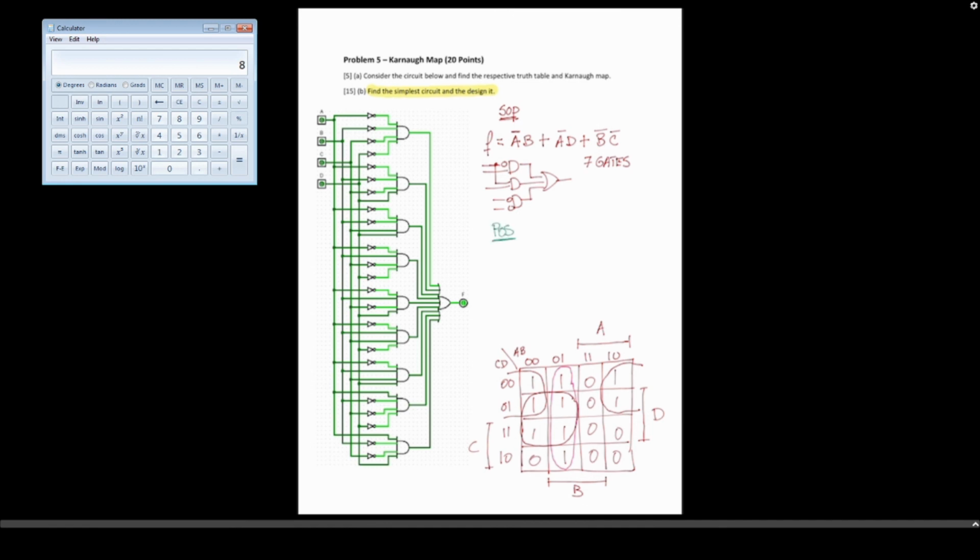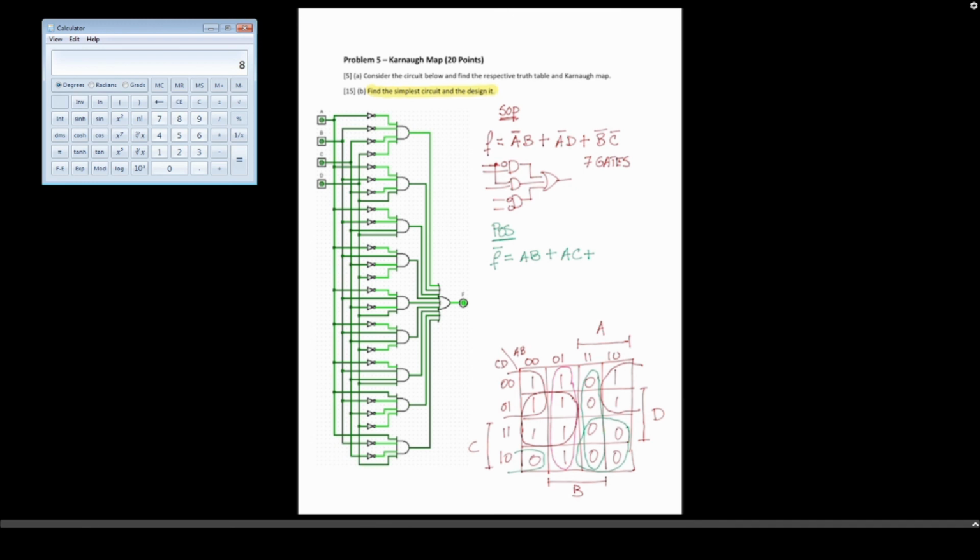All right, let's go over the POS. And the POS, now I'm grouping my zeros. So F, and let's group the zeros. So I get a big chunk of zeros over here, and that's going to be A and B. Or I can group these 4 zeros over here, make a bigger group of 4 zeros, and this is going to be A and C. And at last I have this 0 alone, but I actually can merge with this 0 on the side.